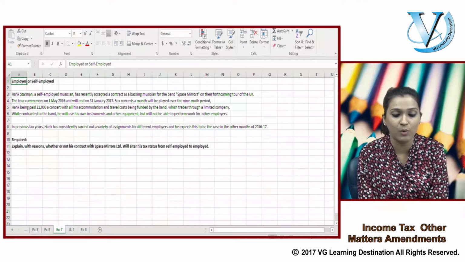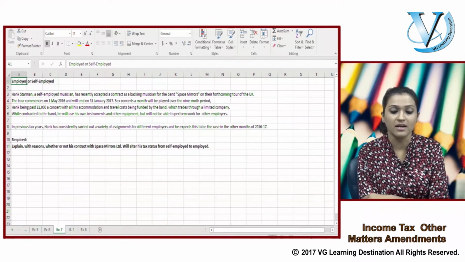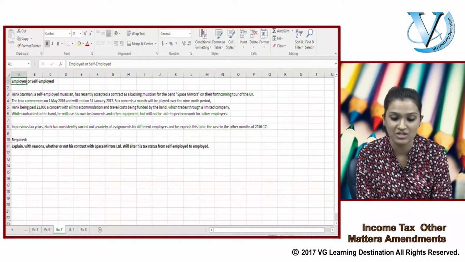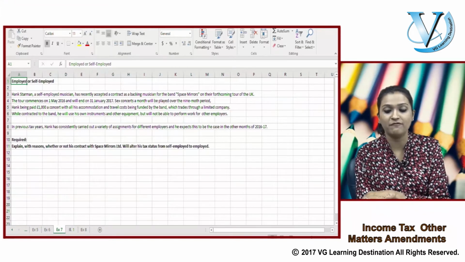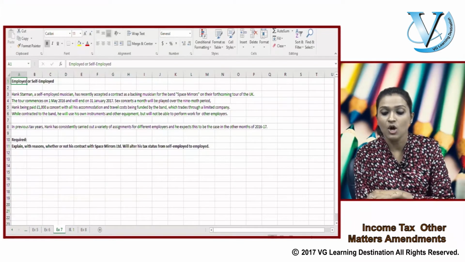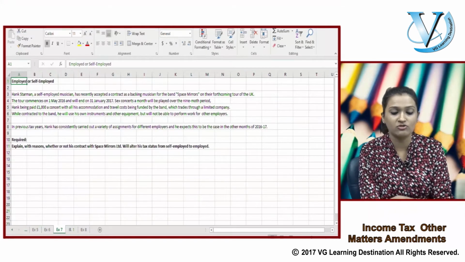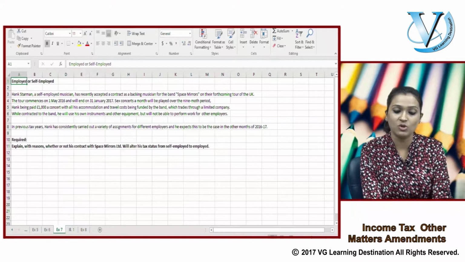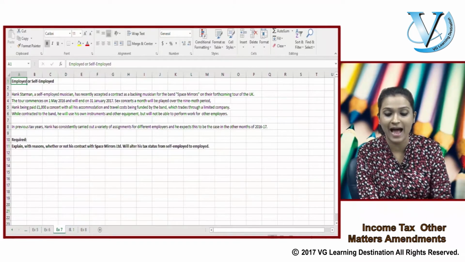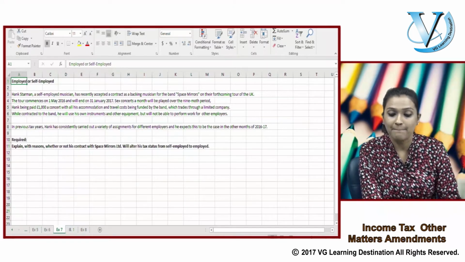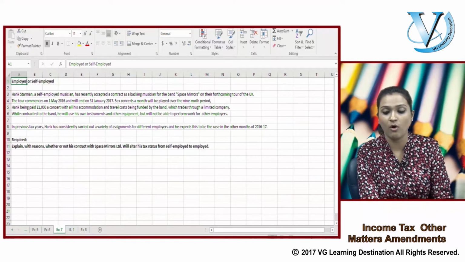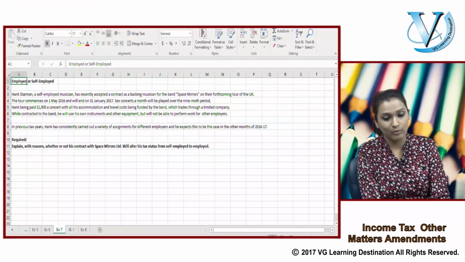Hans is paid £1,000 a concert, with all his accommodation and travel costs being fulfilled by the band, which trades through a limited company. While contracted to the band, he will use his own instruments and other equipment but will not be able to perform work for other employers.